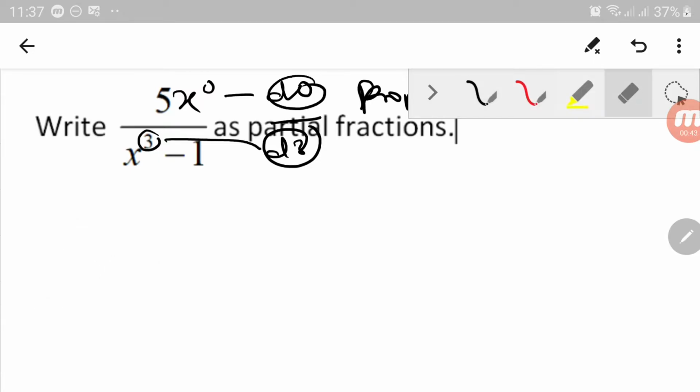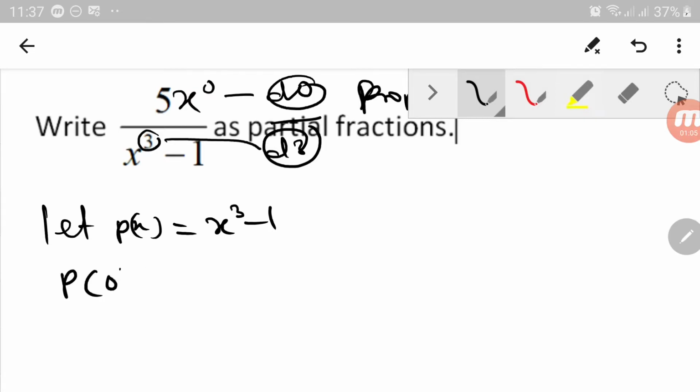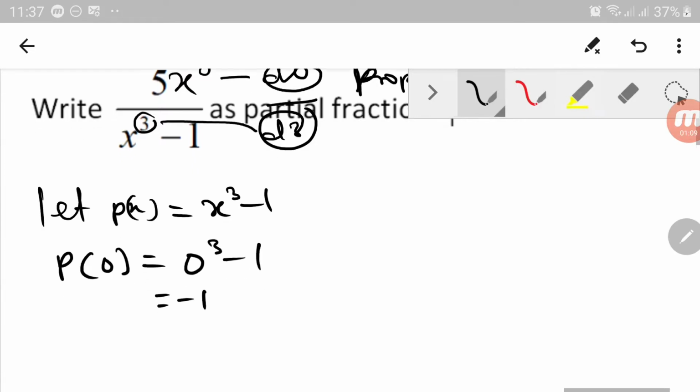Next, we have to factorize x cubed minus 1. But the problem is we don't have the zeros. So maybe we need to let P(x) equal the whole expression in the denominator, and then we guess what numbers can make P(x) equal 0. Maybe we can try P(0): 0 cubed minus 1, we get minus 1.